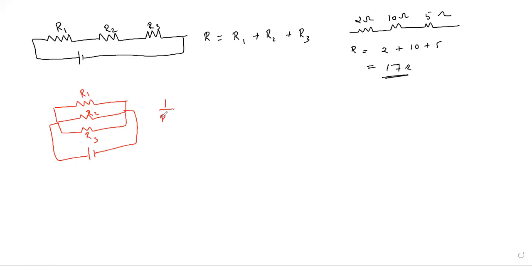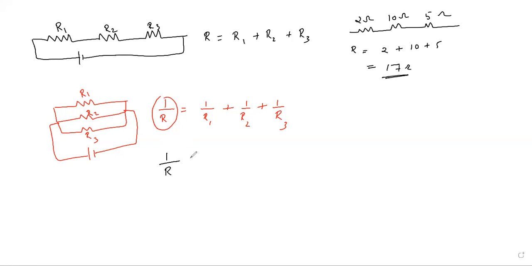That is 1 by R is equal to 1 by R1 plus 1 by R2 plus 1 by R3. This is the expression for equivalent resistance. This is 1 by R, and we need to calculate R. For that, we can solve this equation like this.